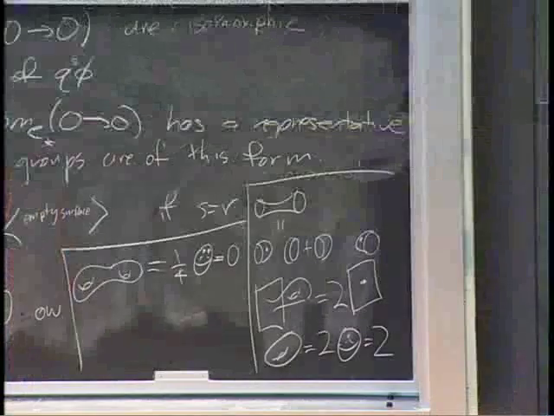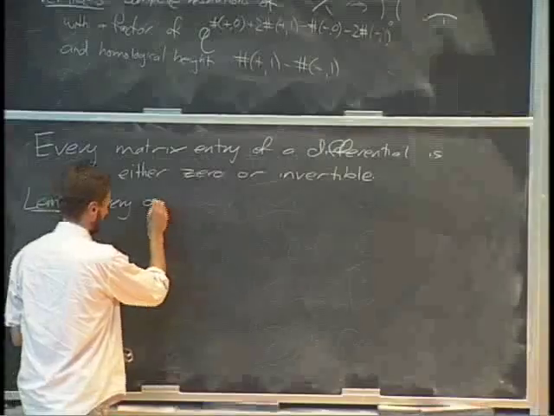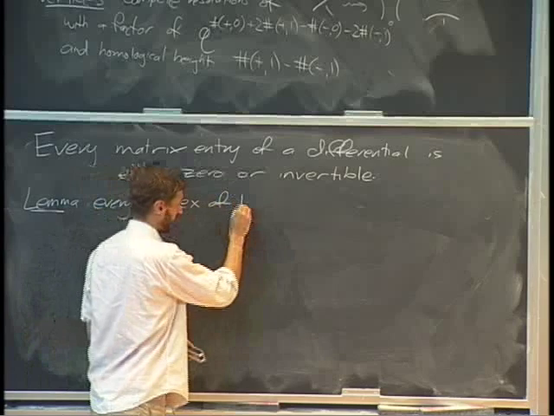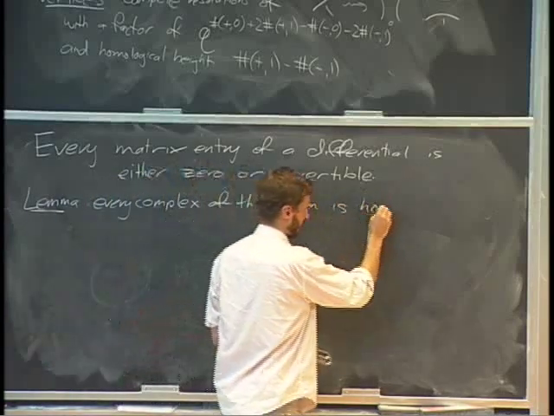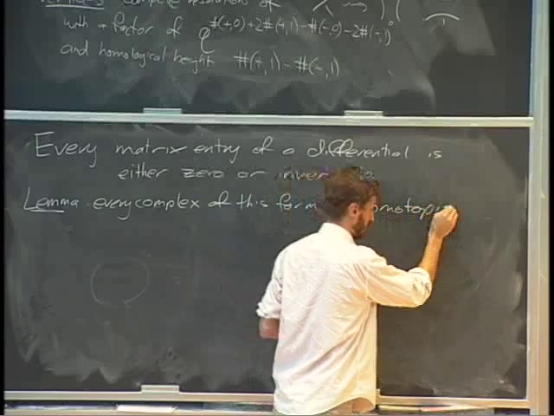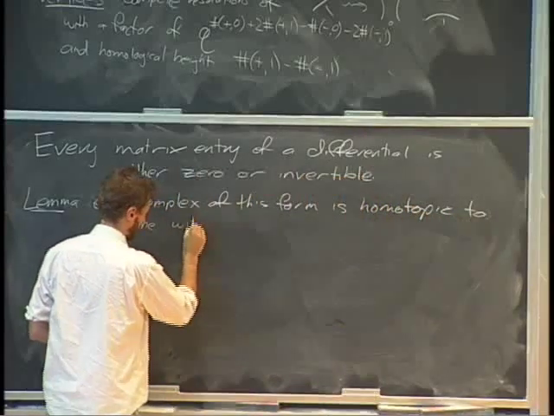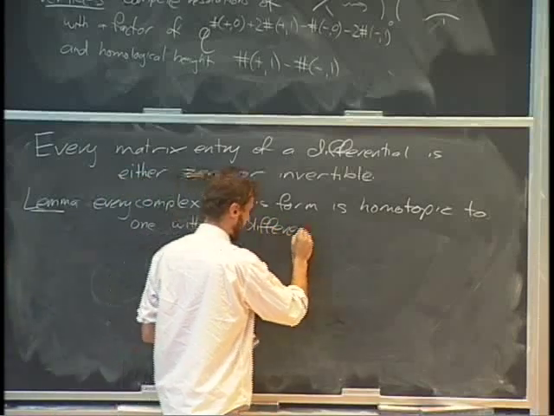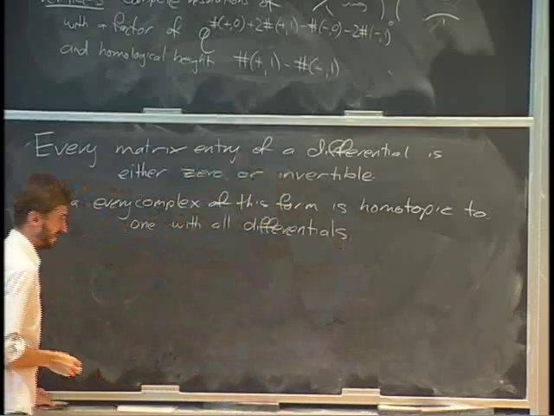And then the very easy observation is that every complex of this form is homotopic to one with all differentials 0. So I know you might feel that I'm belaboring this point.